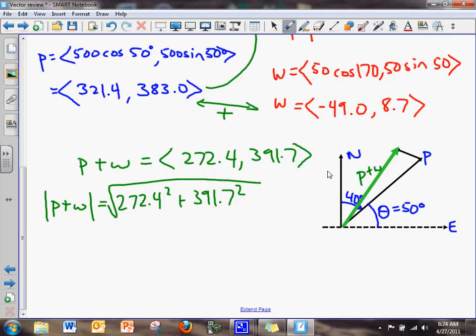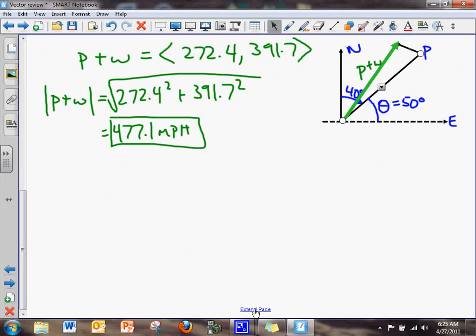That gives 477.1 miles per hour. That really is the length of this vector. So that means the plane was going 500 miles an hour, and the wind slowed it down. The wind is kind of in the face of the plane, slowing down that plane.